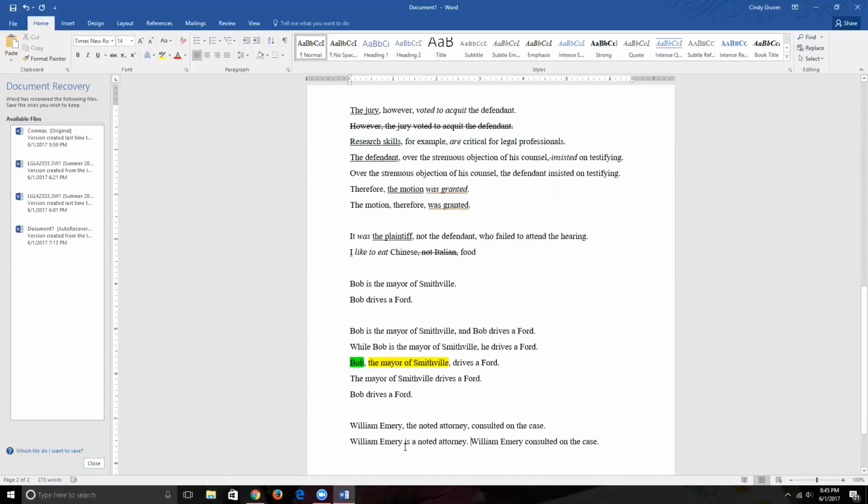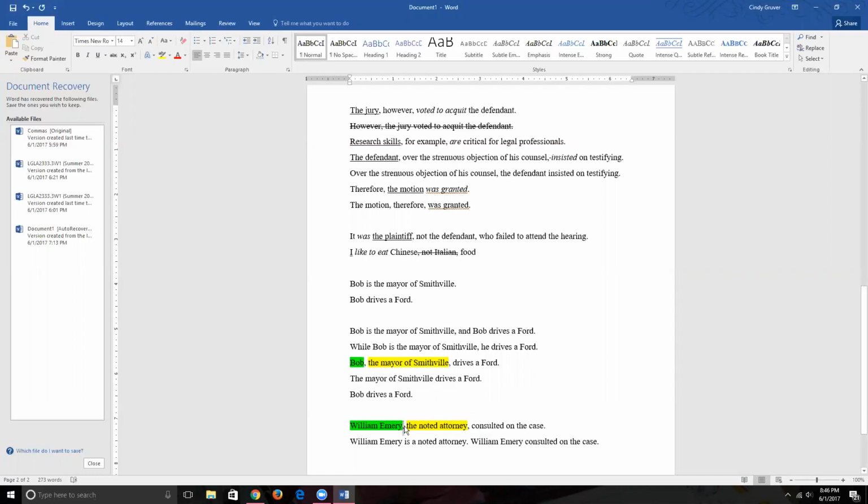So one way to look at it to see if you have an appositive is to take the green part and to take the yellow part, take out the comma, and replace it with is, are. If either one of those words work and it's a true statement, then you have an appositive, and you're right to use commas. And what you do is you put commas around the appositive.